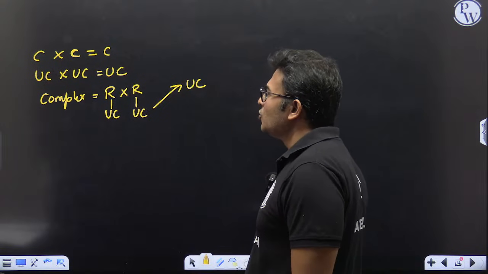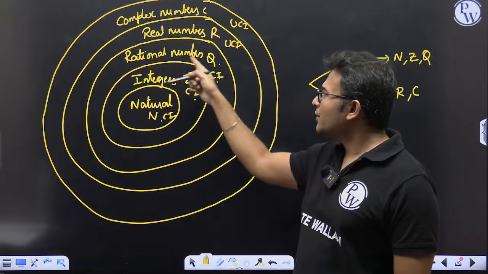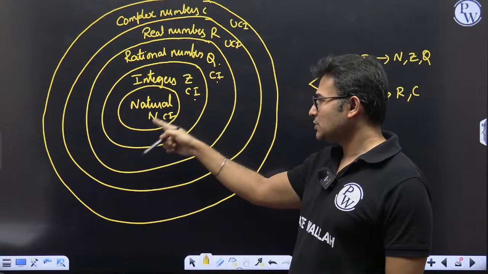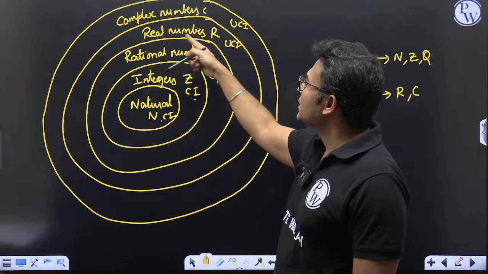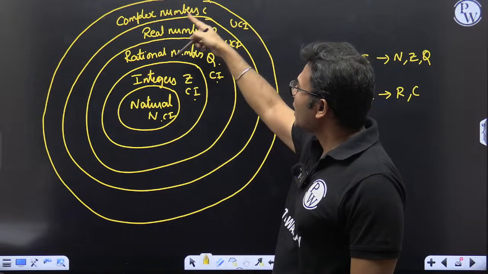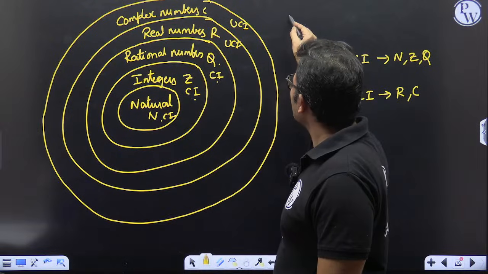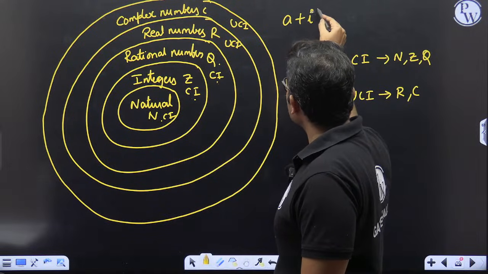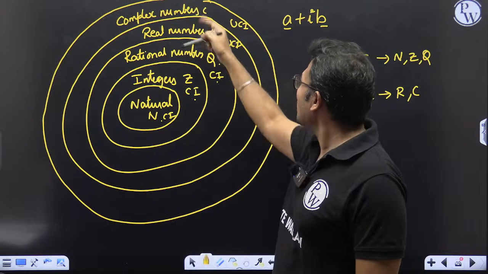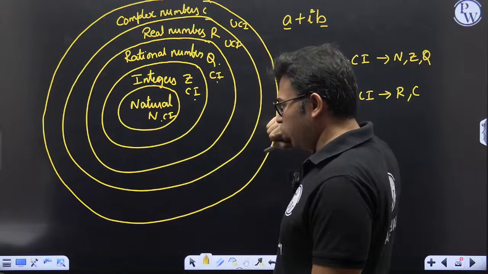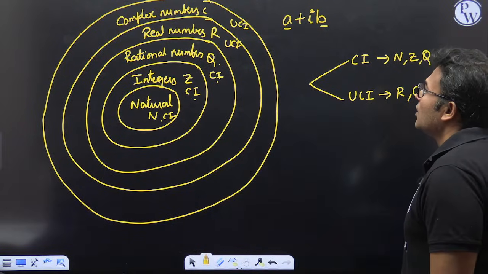So, if you look at this diagram, what we have shown is that rational numbers are countably infinite, integers are countably infinite, natural numbers are countably infinite, and real numbers are uncountably infinite, and complex numbers are nothing but a cross product of real numbers. Why? Because you write complex numbers like a plus bi, where a and b are real numbers, which means complex numbers are a cross product of real numbers.